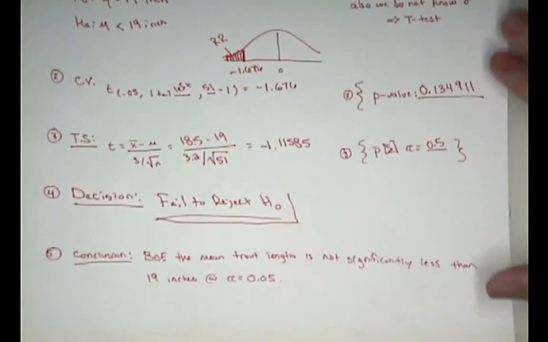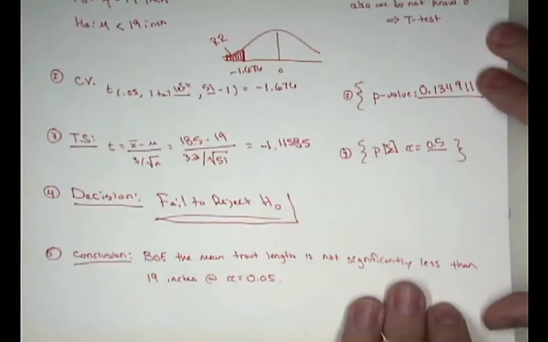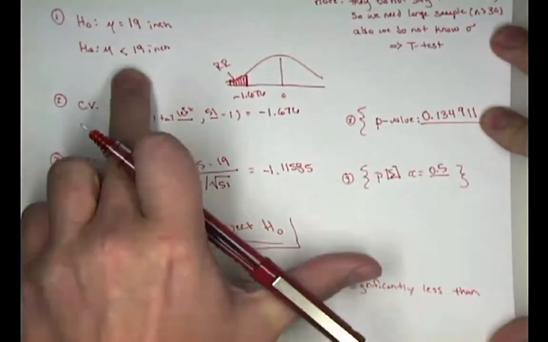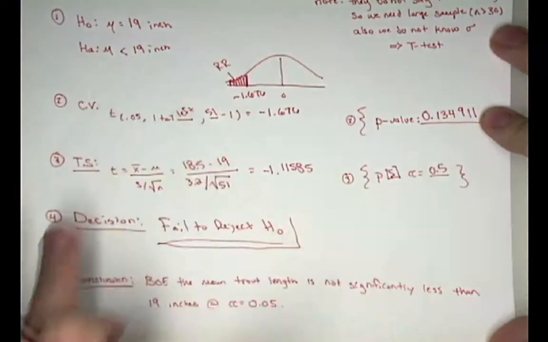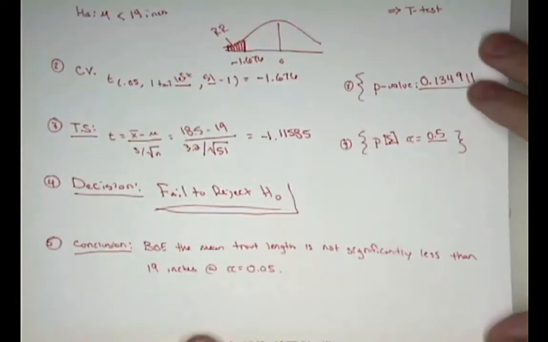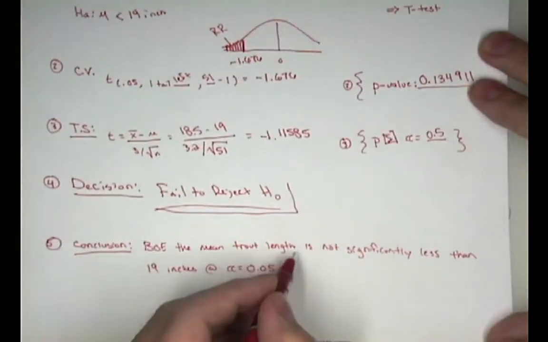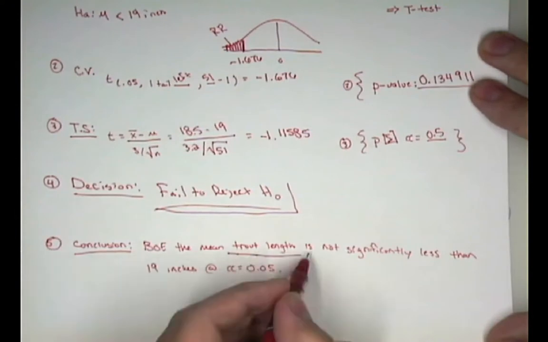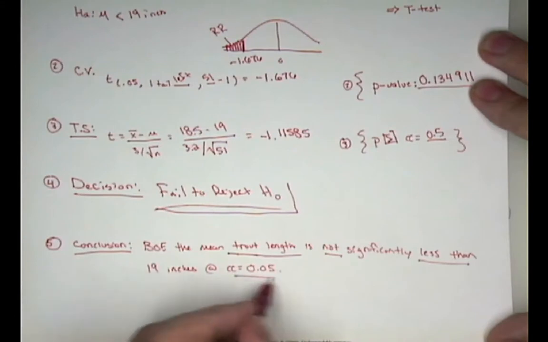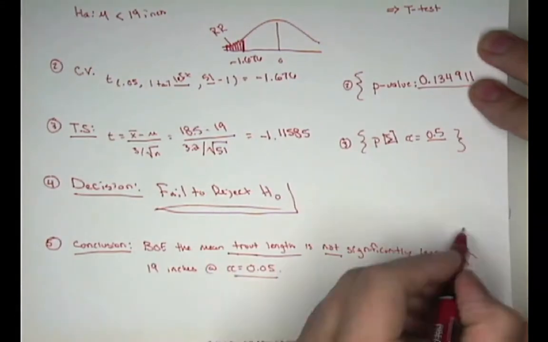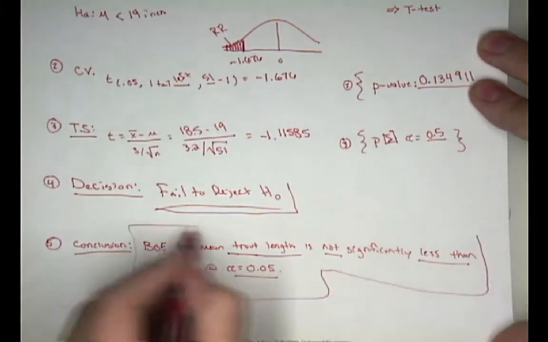So our conclusion then, remember your conclusion has to talk in terms of your alternative hypothesis, whether or not this is true, and it's not true as far as we know. So we say based on the evidence the mean trout length is not significantly less than 19 inches at an alpha of 0.05. And that is our conclusion.